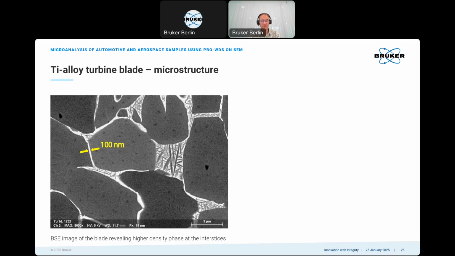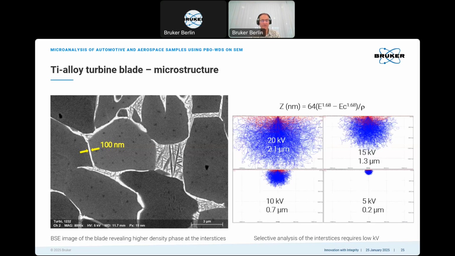What is challenging are the interstices. They are very fine, very small, about 100 nanometers. And you really have to search for areas where it's somewhat thicker. So once again, we have to reduce the interaction volume by reducing the acceleration voltage.